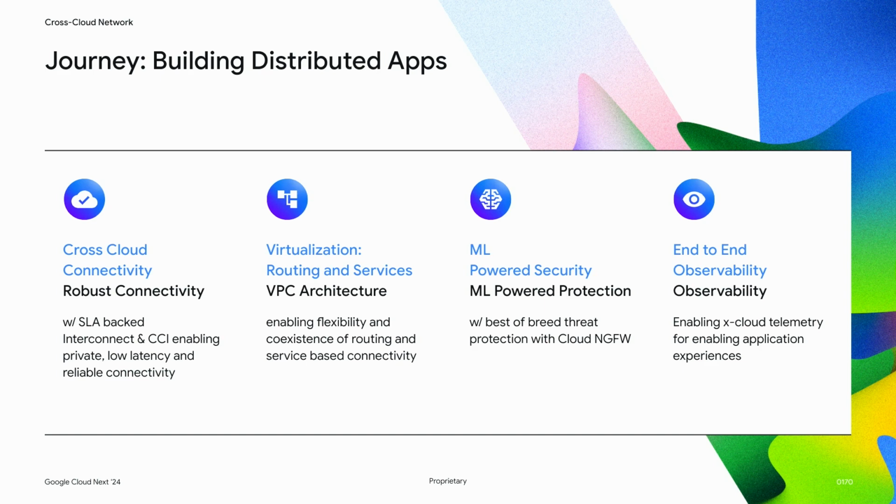Your organizations might have different applications. You might consume managed services more and more as you modernize your applications from Google and from other vendors. It's very important that the VPC architecture is built with the routing knobs and the services knobs in place. And we are leveraging some products, and we'll make some announcements this week, Network Connectivity Center and Private Service Connect, to make this journey to cloud simpler and to make the VPC architecture seamless and secure.